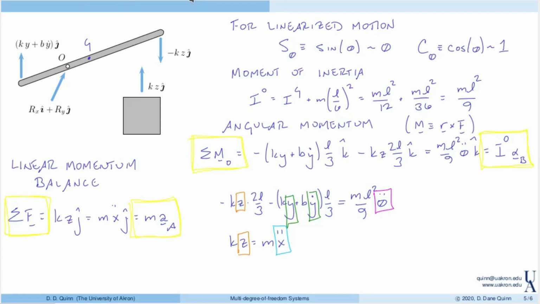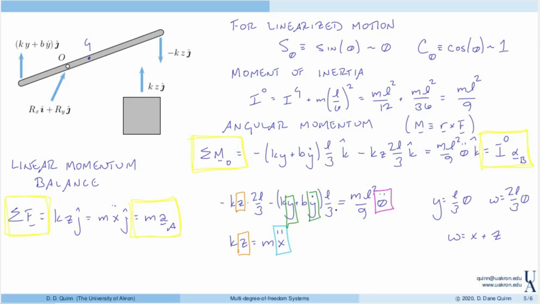equations. So my constraint equations were y equals L over 3 times theta. I have w equals 2L over 3 times theta, and w is equal to x plus z.